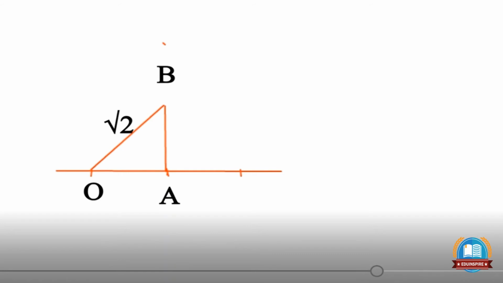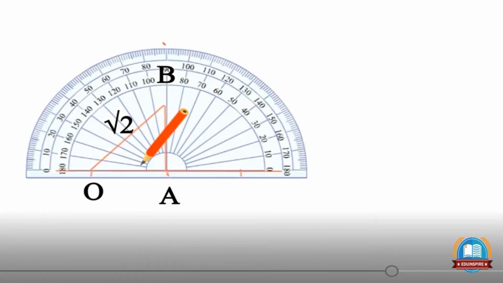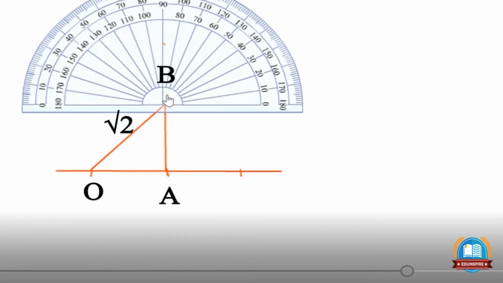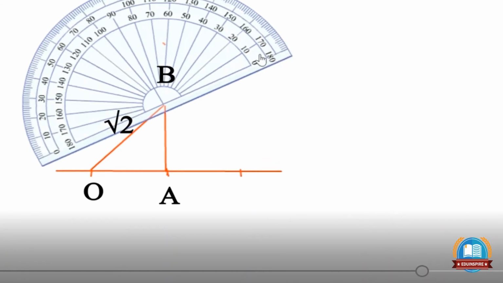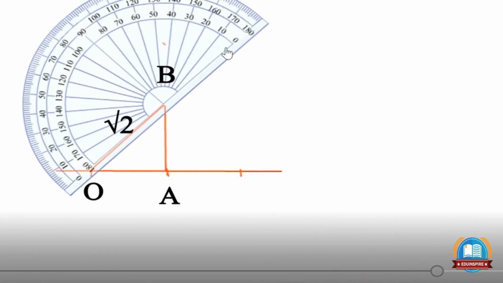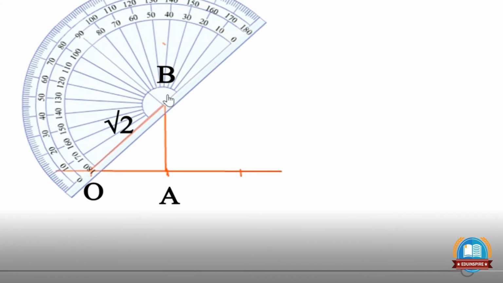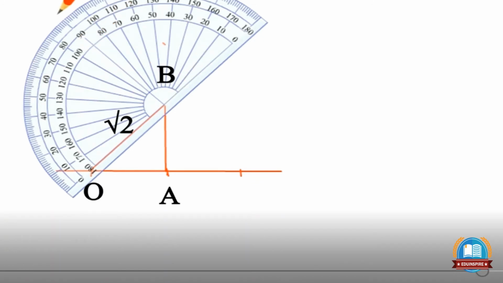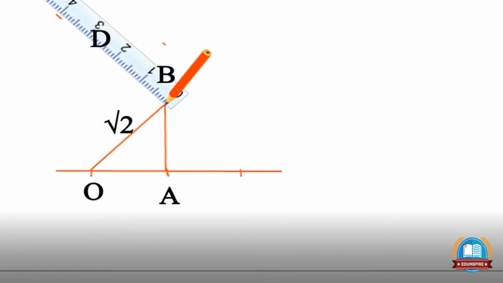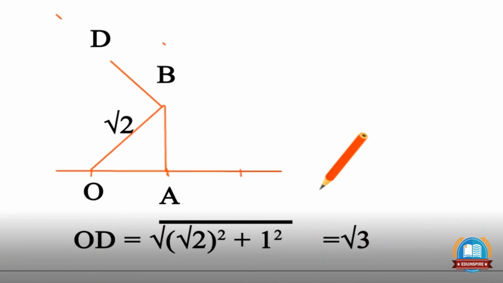After drawing root 2, we will construct line BD of unit length perpendicular to OB as shown on the screen. Then join the point O and D as shown.